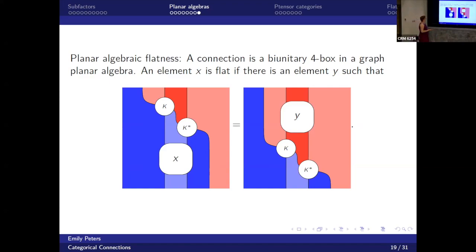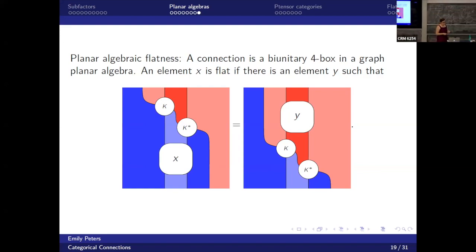Okay, and flatness in this context looks like saying that basically this connection can pull across an element, right? So here, you can just think of this as a string crossing some other strings, even though that's not planar. We just interpret those crossings as having a connection every time they cross. That's what we'll think of it as meaning. Now, this looks very different from earlier, right?